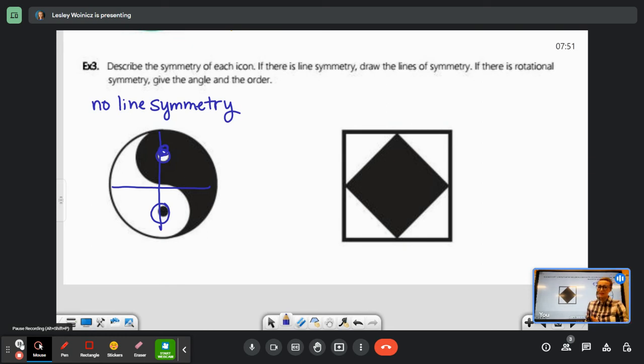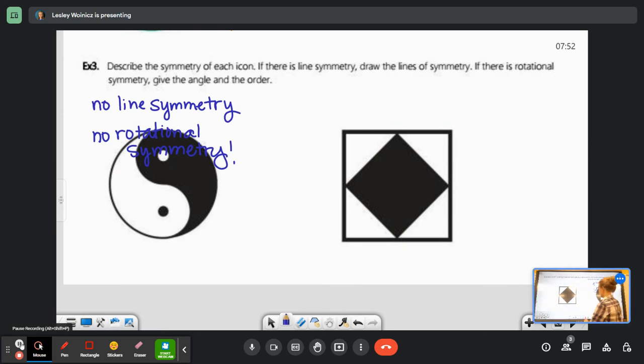So it kind of almost matches, but not really. So we're going to say that this one doesn't have rotational symmetry either. That one looks like it should have some, but it doesn't.